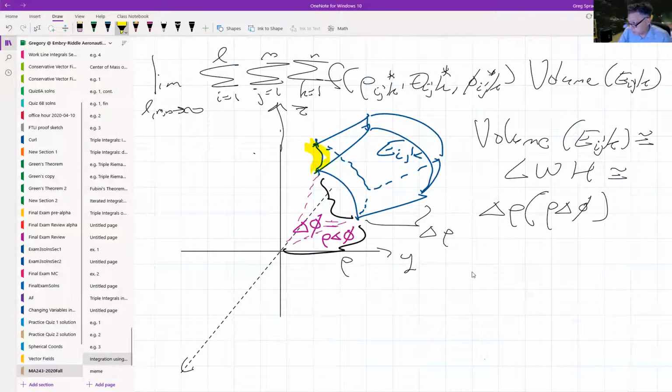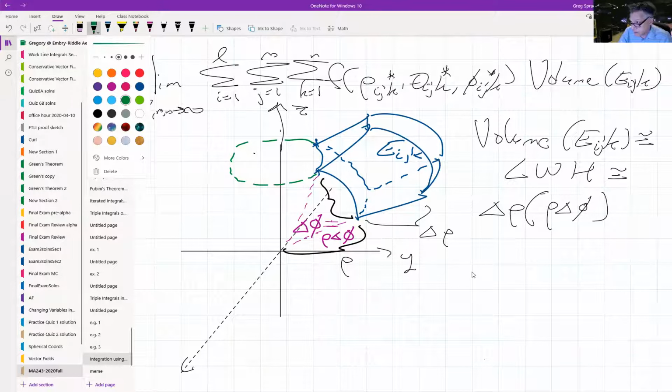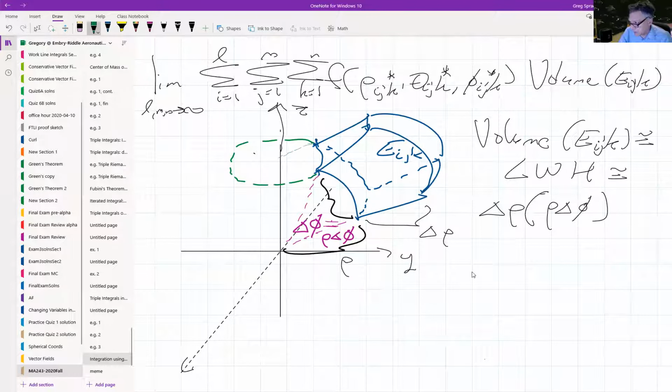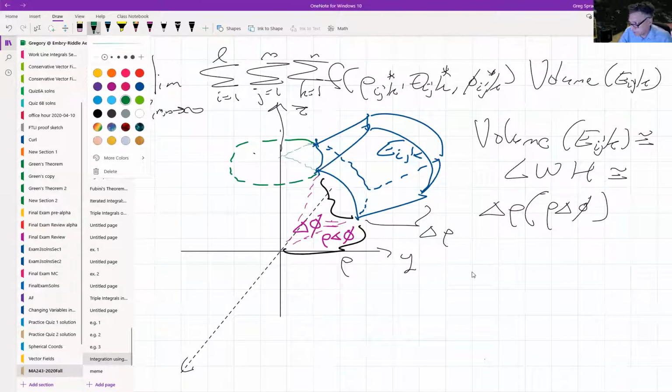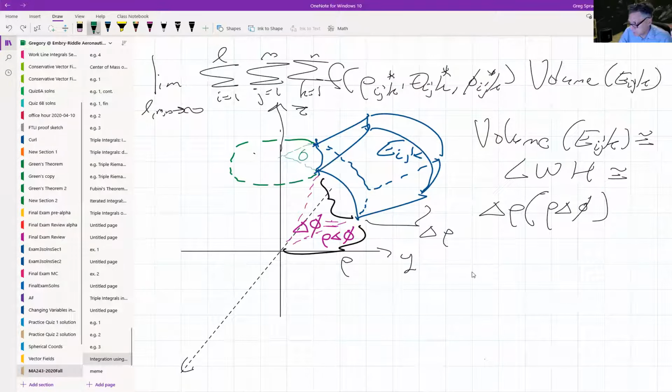Because, and again, if the deltas are small, the arc is approximately a line segment. So that arc is part of a circle that wraps around the z-axis. And the central angle for that arc is theta, our old friend theta, from cylindrical coordinates and also spherical coordinates. What's the radius? The radius is our old friend r.